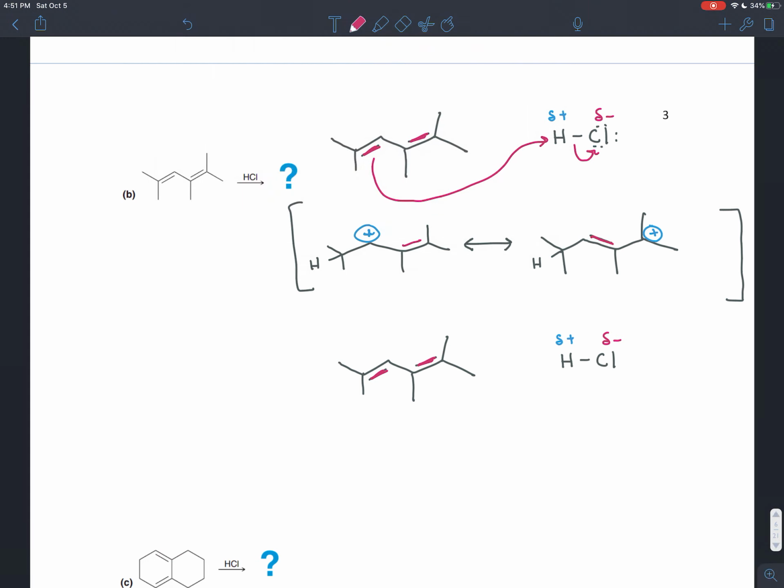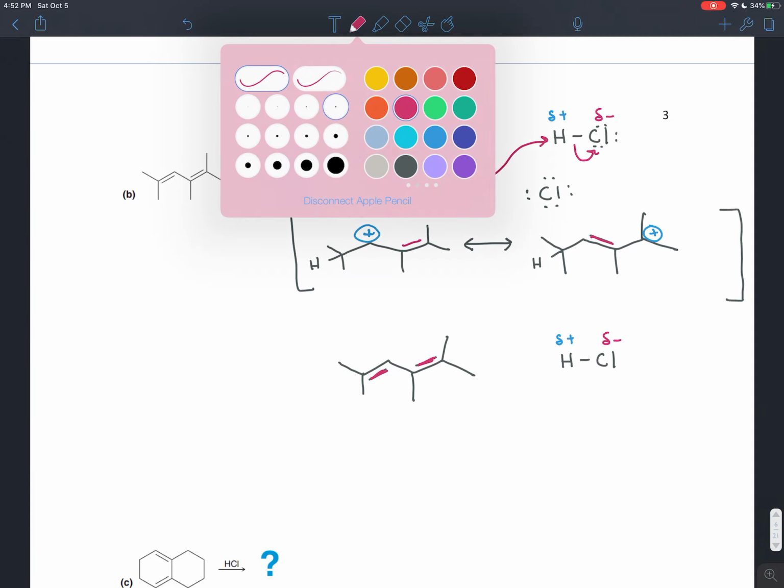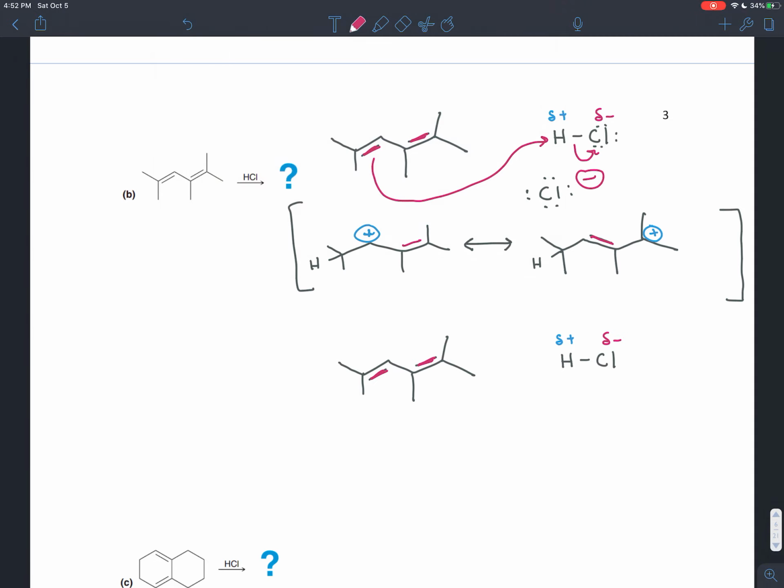So that's what happens to the carbon chain. When the carbon chain stole the hydrogen, the chlorine became a nucleophile. It changed its path in life, and it became this strong nucleophile with a full negative charge. And that nucleophile could attack either of the electrophilic centers in the two resonance structures.